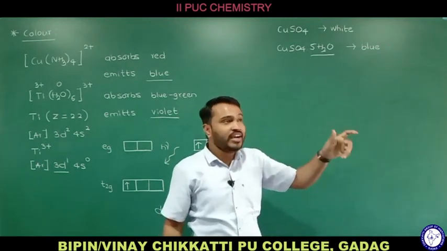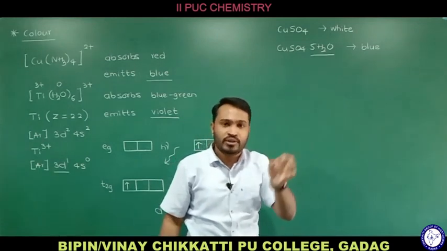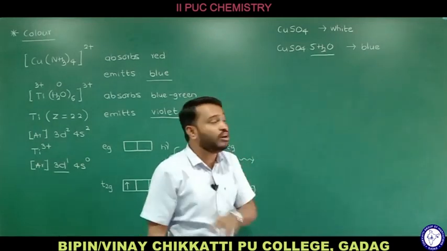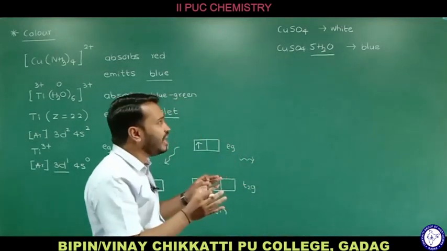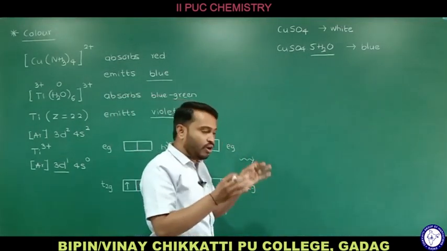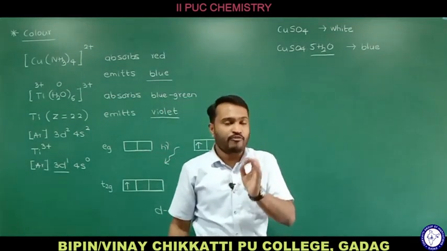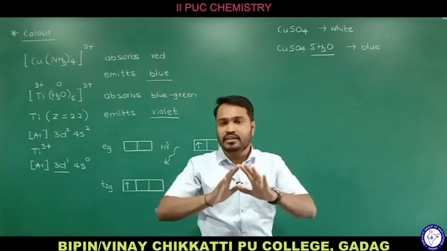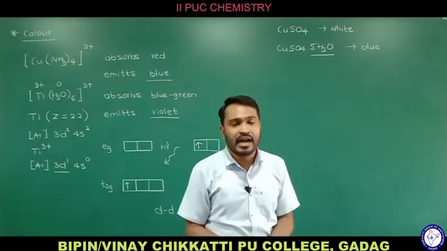If you have white colored CuSO4 and you add 1 or 2 drops of water into the test tube, that is reversible, you will again get the blue colored CuSO4·5H2O. Remember that the coordination compound or complex will be colored only in the presence of ligand. Why? Because in the presence of ligand, the degenerate orbitals are going to split into Eg and T2g.